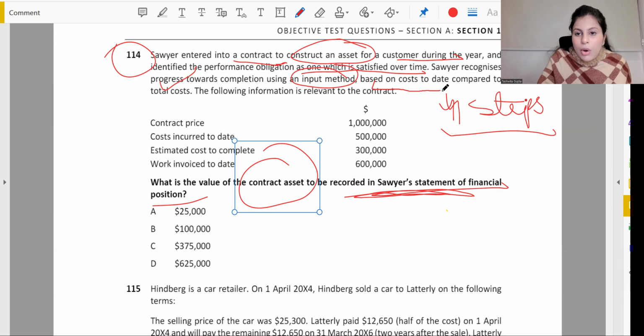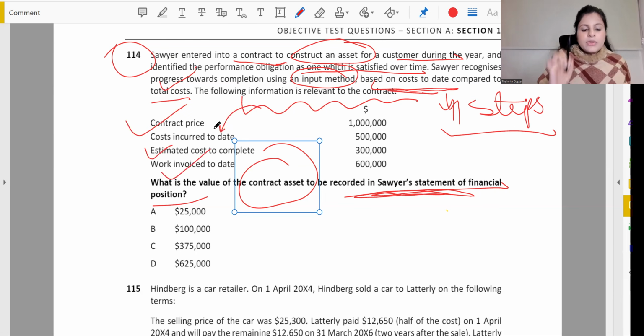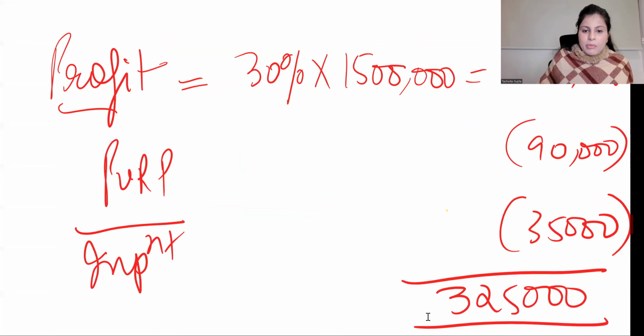And based upon the cost to date compared to total cost, the following information is given. My contract price is this, cost incurred till date is this, estimated cost is also given, work invoice to date is also given. So I will quickly just go to my board and make my 4 steps.